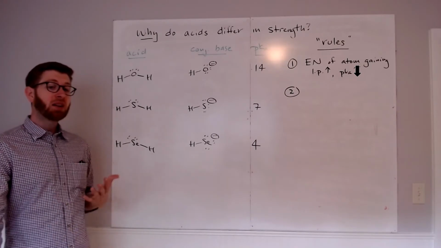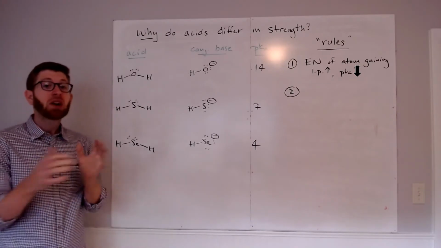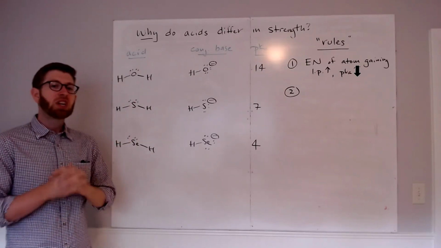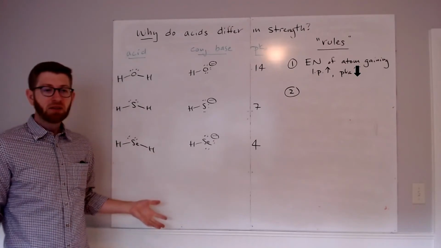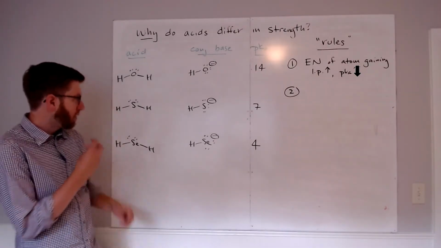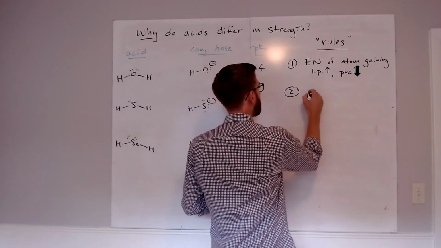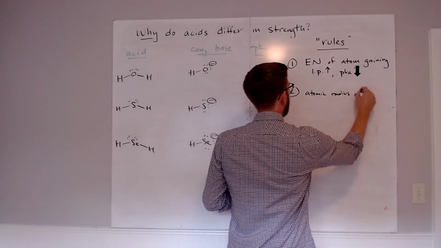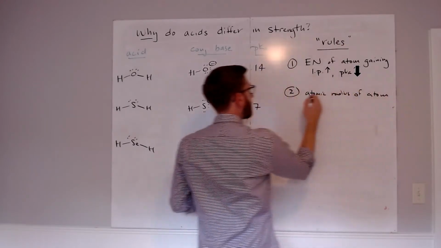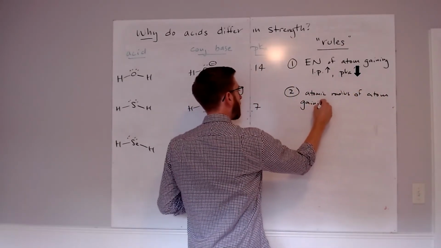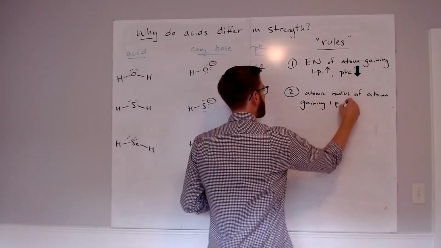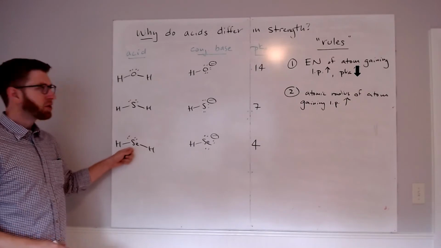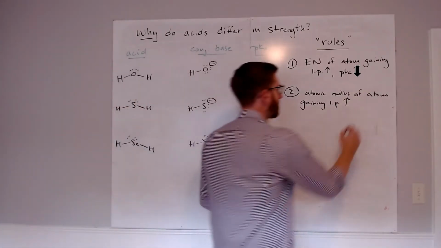We rejected it in the first set of data because it changed very little between carbon, oxygen, and nitrogen. But here, atomic radius is changing dramatically, and so that can have an influence. So we could say something like the atomic radius of the atom gaining a lone pair, as that radius goes up, whereas selenium would be the largest, then our pKa apparently goes down.